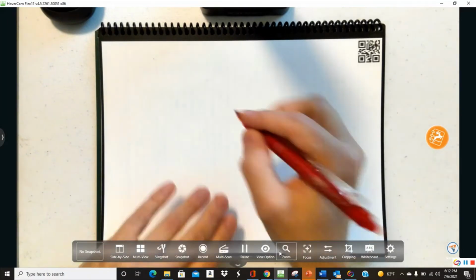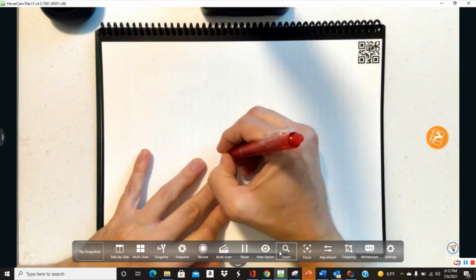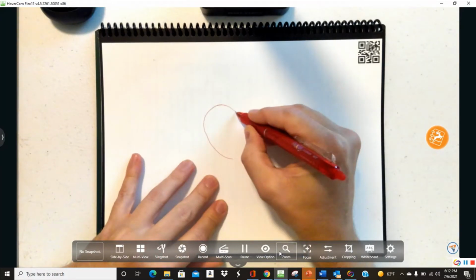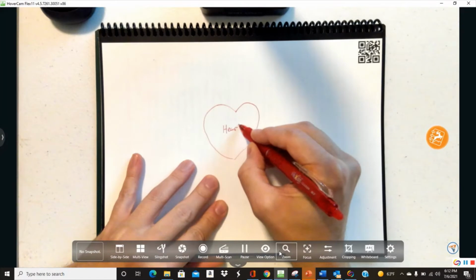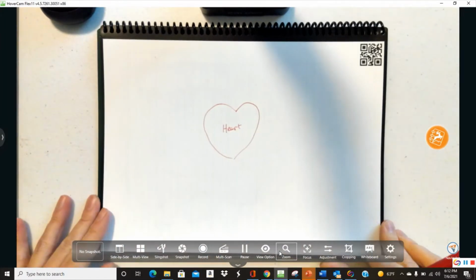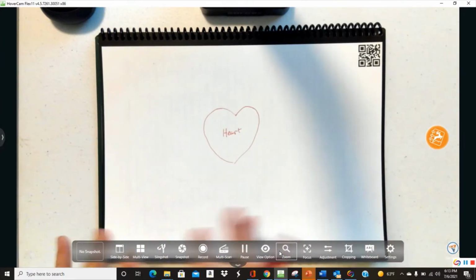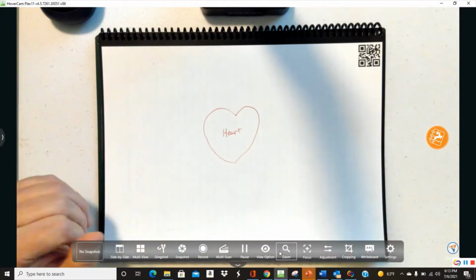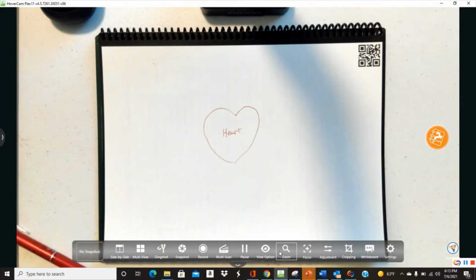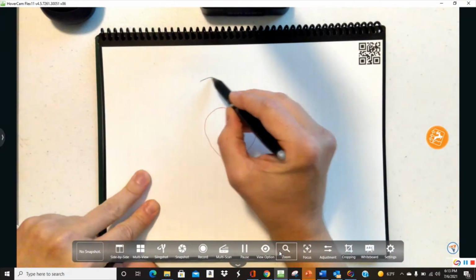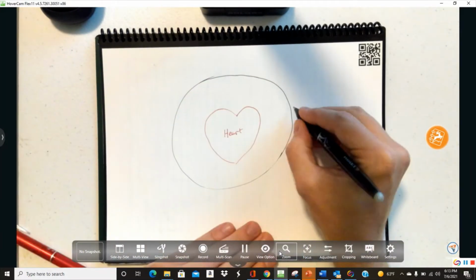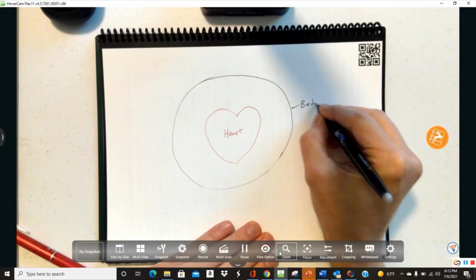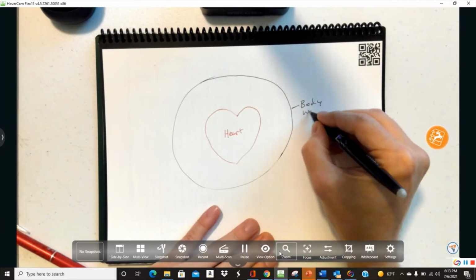So let's say I have my heart here. We have an organ, the heart, and this is the most anatomically correct heart you've ever seen, I know. If we have a serous membrane, there will always be a body wall outside of it, so we have our body wall, the outside of the thoracic cavity.